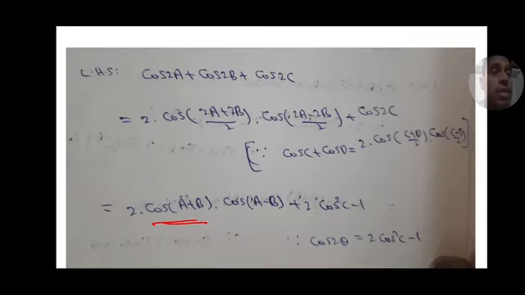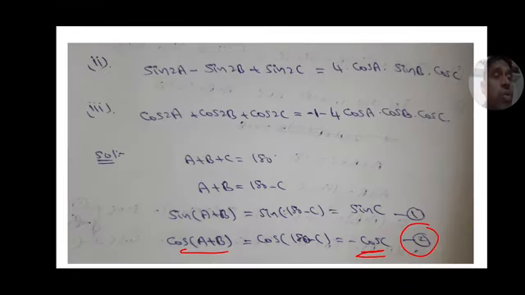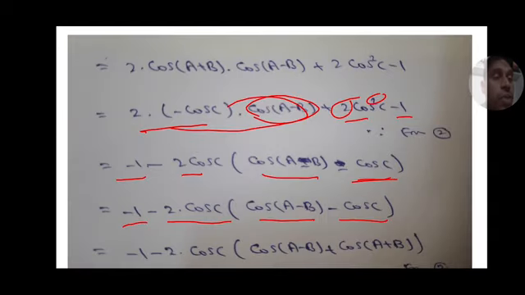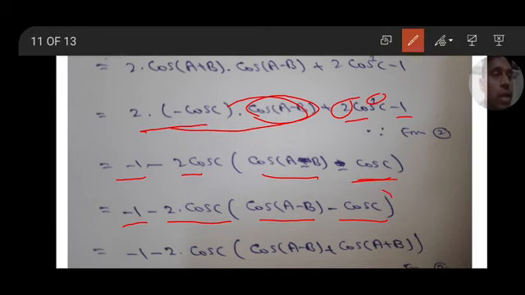What is minus cos c? From equation 2, minus cos c equals cos of (a plus b). So minus 1 minus 2 cos c is the same as cos of (a minus b) plus cos of (a plus b).